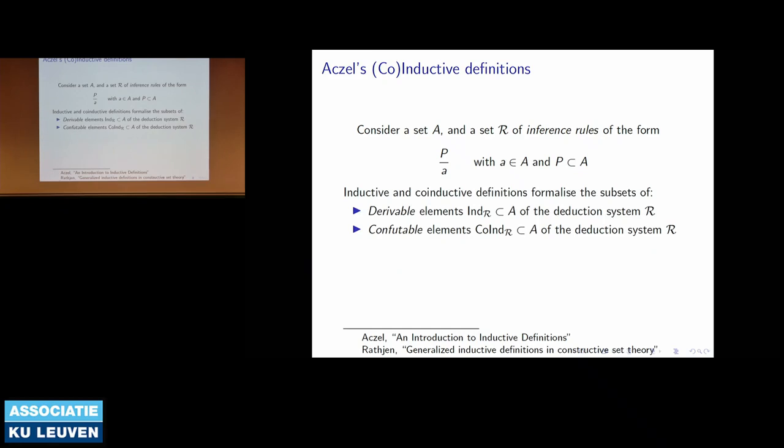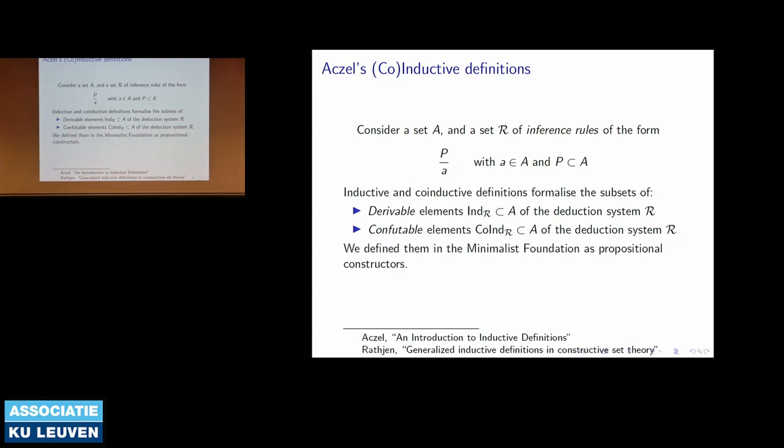Then you want to consider the subset of derivable elements of this internal deduction system. So you can think of it as the subset of theorems. And this is done inductively, of course. And you can also consider the subset of positively confutable elements, so elements that you can constructively prove can't be deduced with those rules.